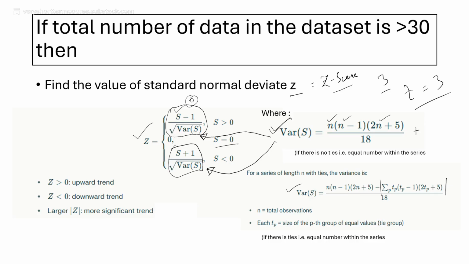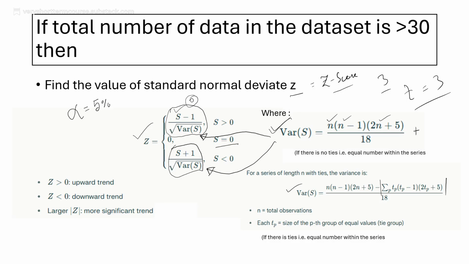For example, if I pick 5% significance, the level of significance will be 5%. Significance is denoted as alpha.